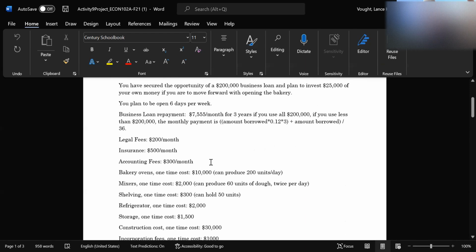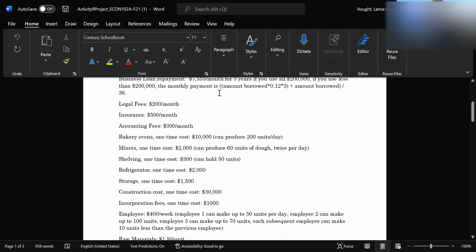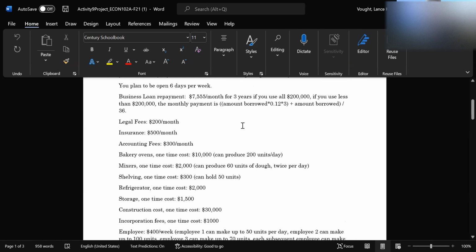So your choice is that you can put this 25 grand towards that, and then you have 23,000 that you have to borrow, or you can borrow all 48,000 from the loan. Your answers will be different based on what you choose, but you now know the process to calculate the loan payment.